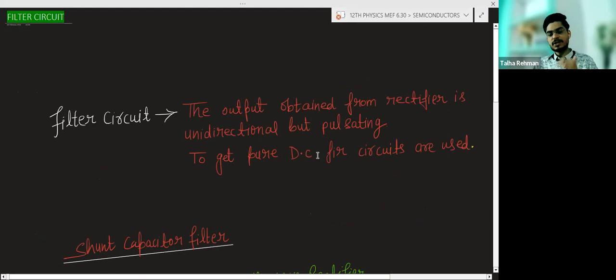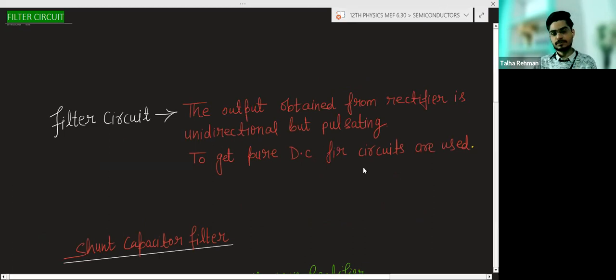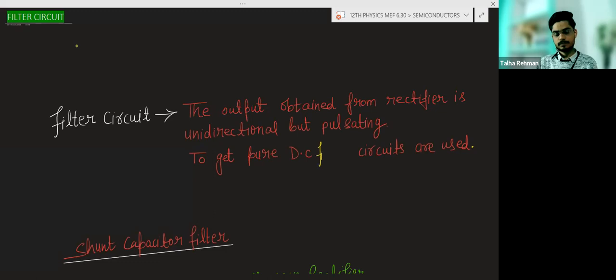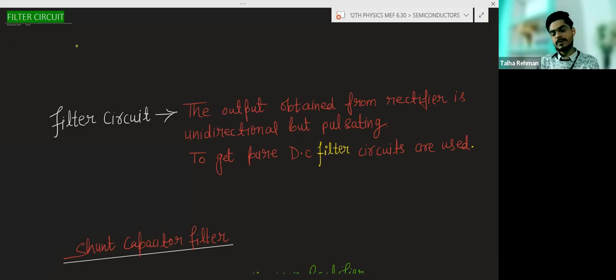To get pure DC, filter circuits are used. A filter circuit will filter the AC component and give us the pure DC.